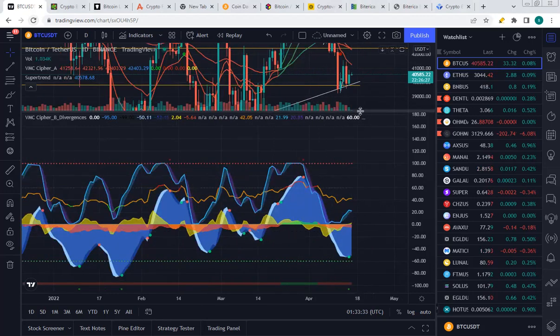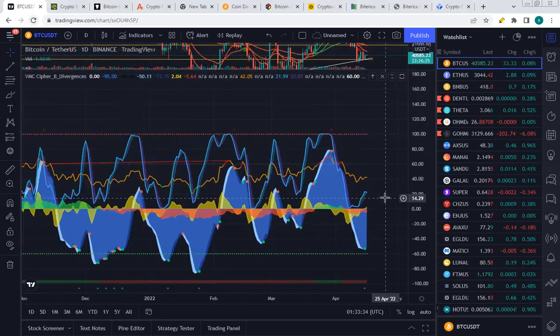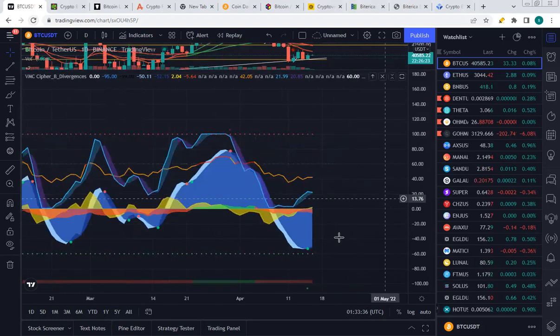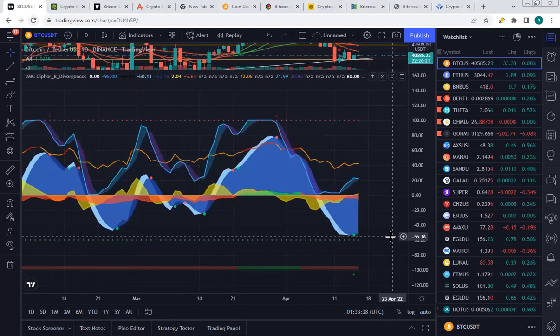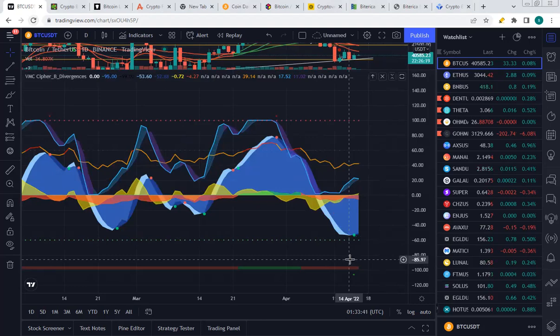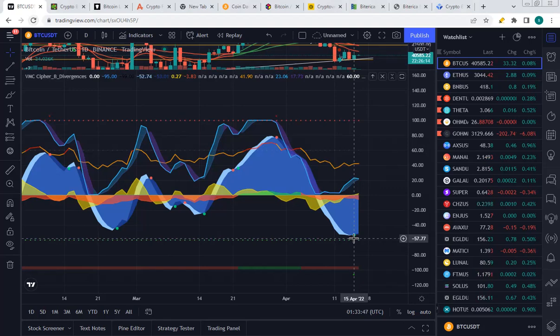And when we look on the daily here, we have a look at the VMC on the daily. We can see that we've received a green dot indicator here, and we can see that the money flow to volume indicator has just moved across the 0 line towards the upside.